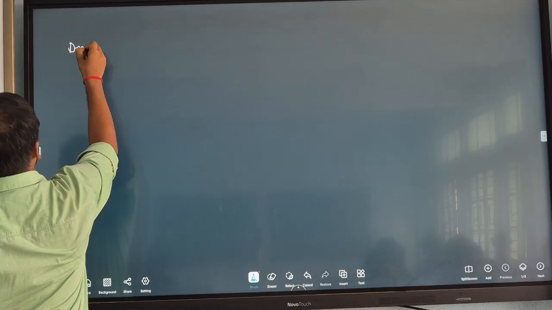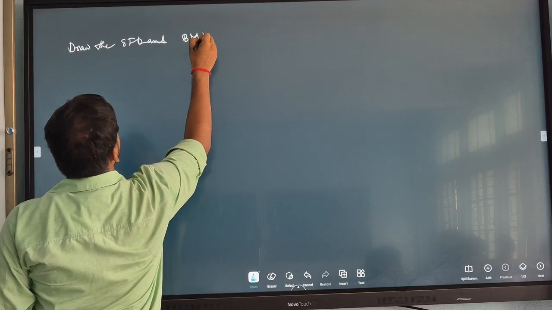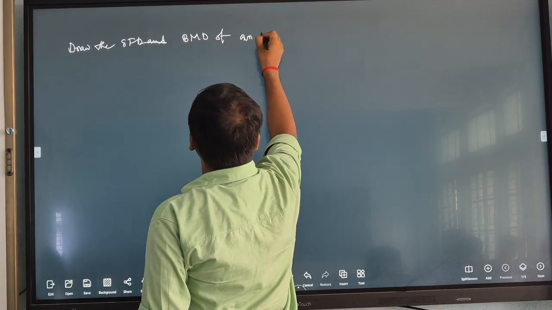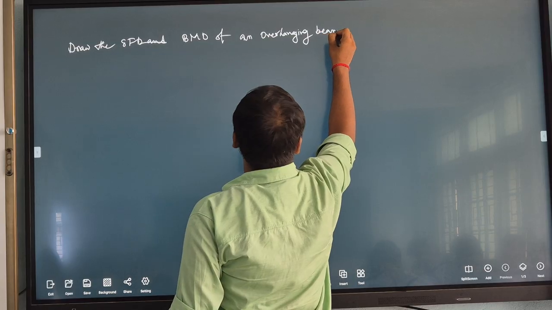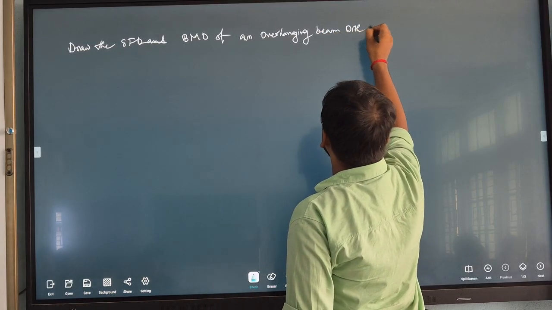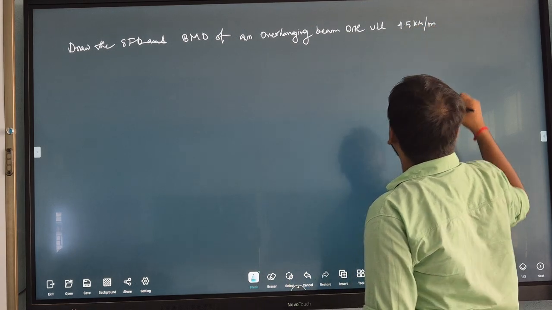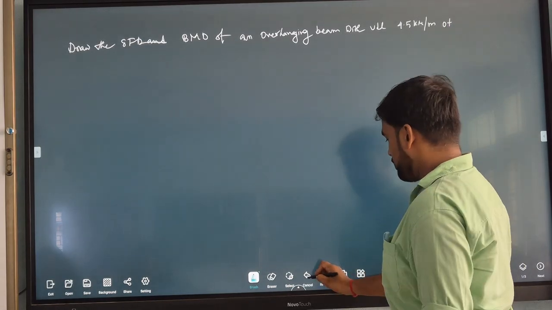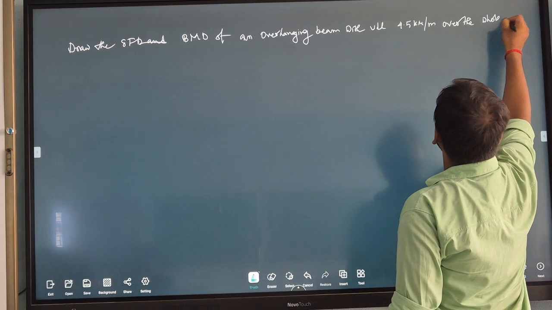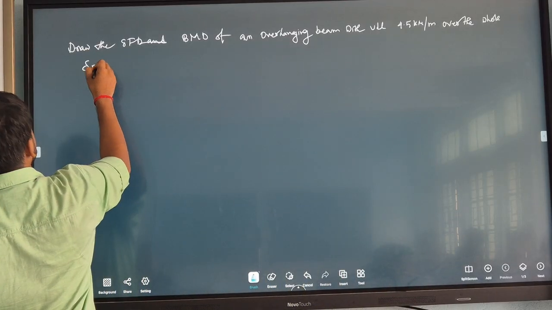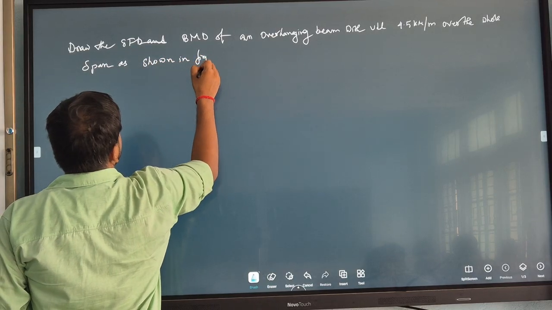Draw the SFD and BMD of an overhanging beam with UDL 4.5 kilonewton per meter over the whole span as shown in figure.